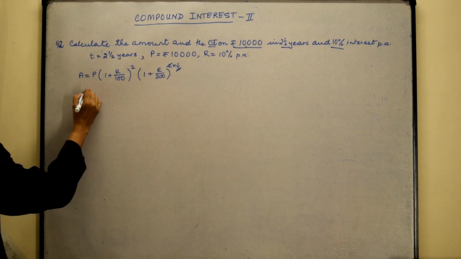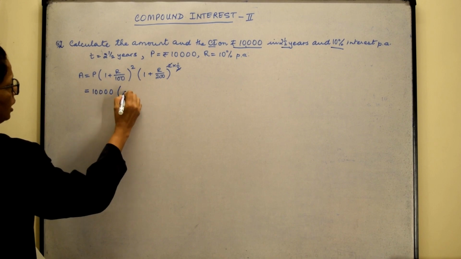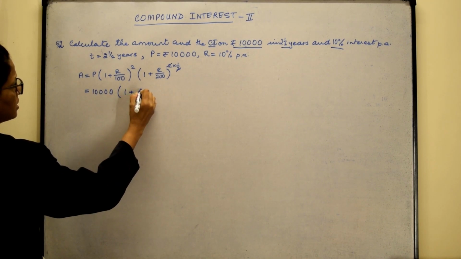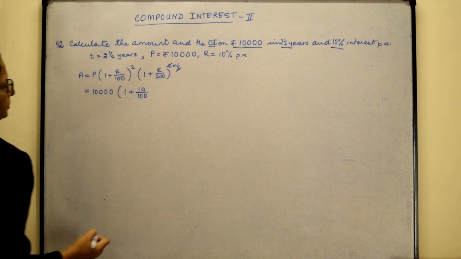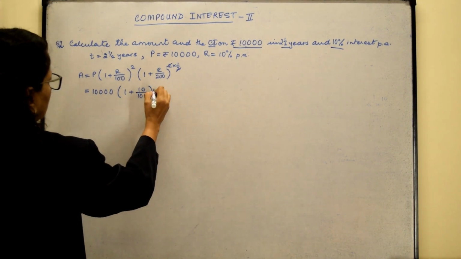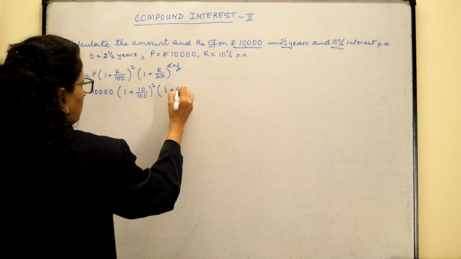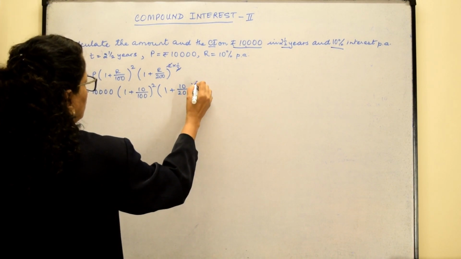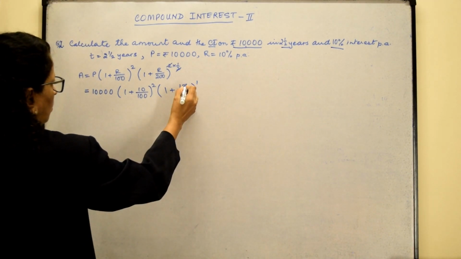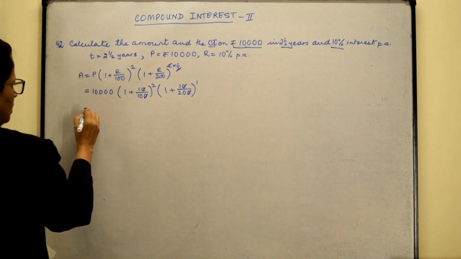So after substituting, we will have 10,000 into bracket 1 plus 10 upon 100 whole square, and the second bracket 1 plus 10 upon 200 to the power 1. 1 0 gets cancelled here, 1 0 gets cancelled here.